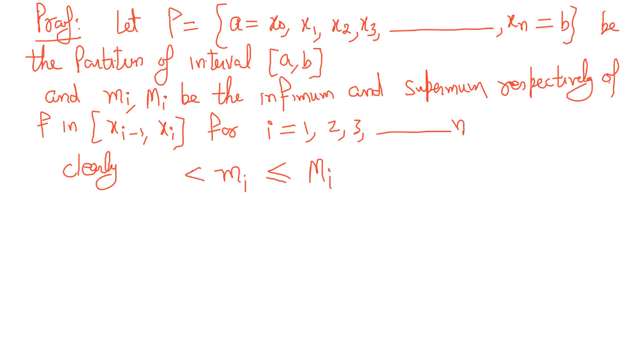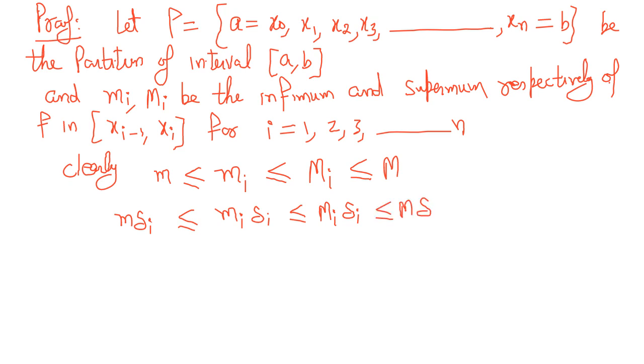Then it is also between small m and capital M. Now multiply both sides by delta_i. We get m delta_i less than or equal to m_i delta_i less than or equal to M delta_i.